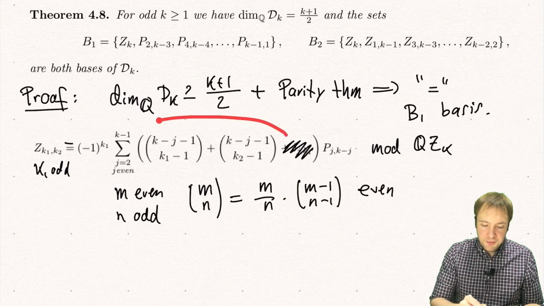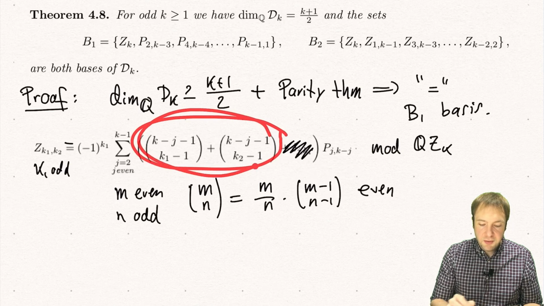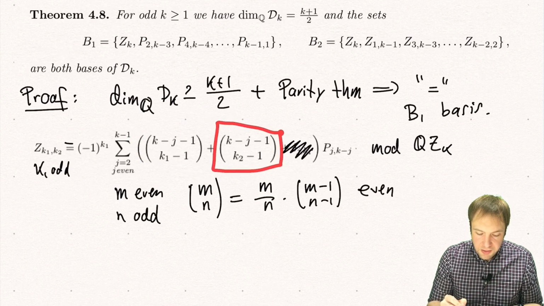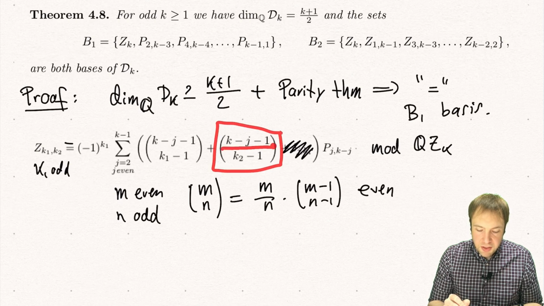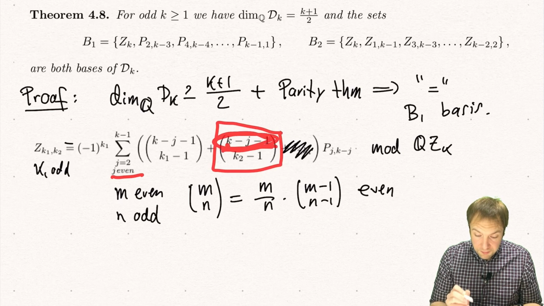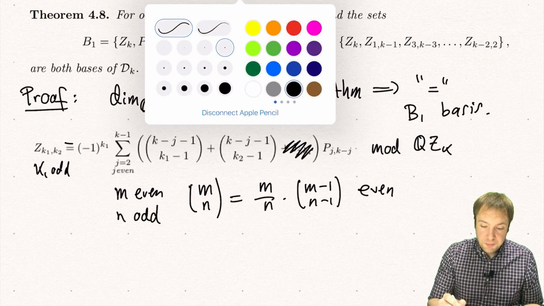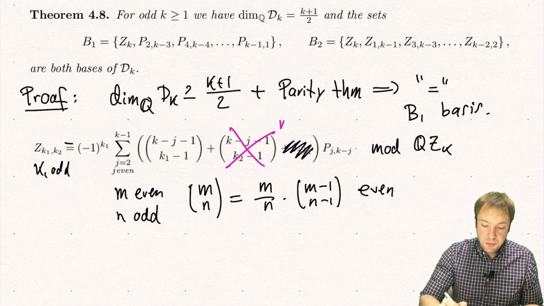And therefore for this matrix, which has these entries, modulo 2, we see that this factor here, k minus j minus 1, where j is even and k is odd, is even, and this is always odd. And therefore this vanishes modulo 2.